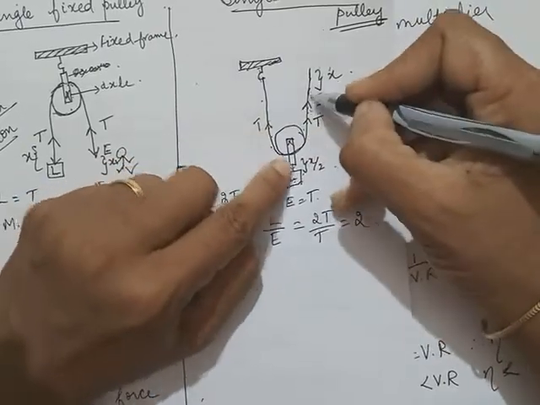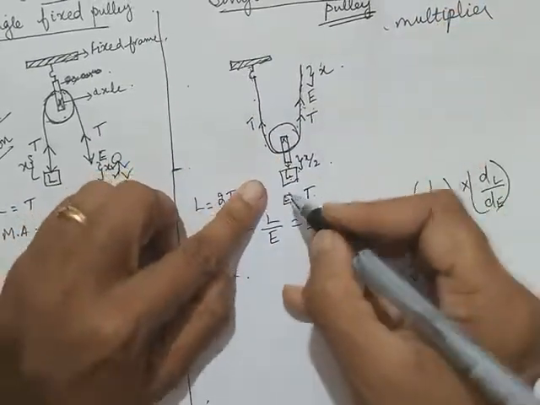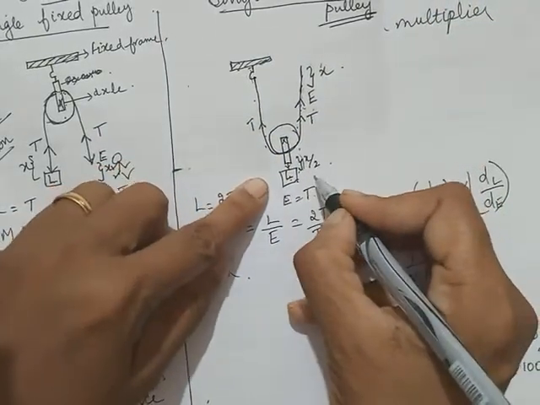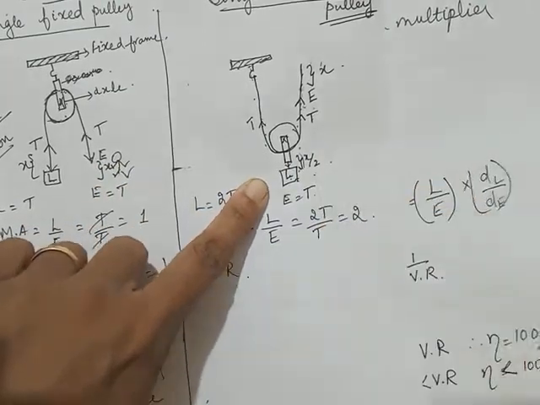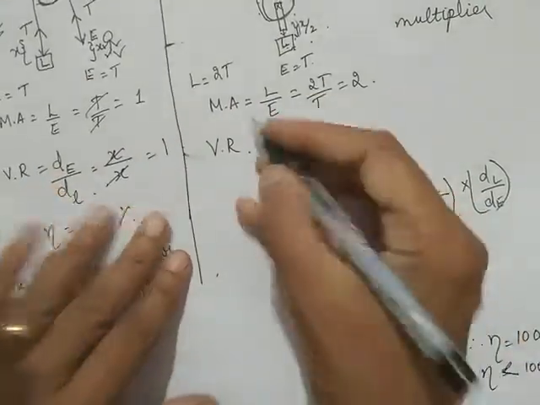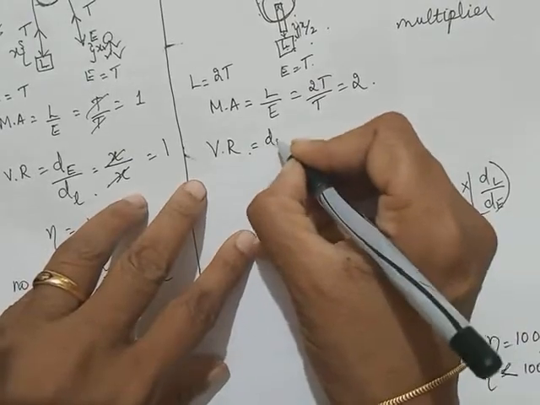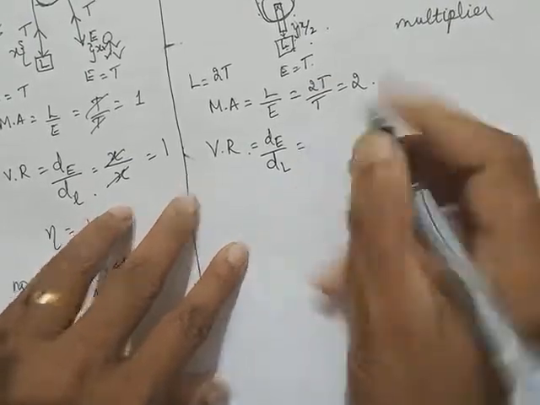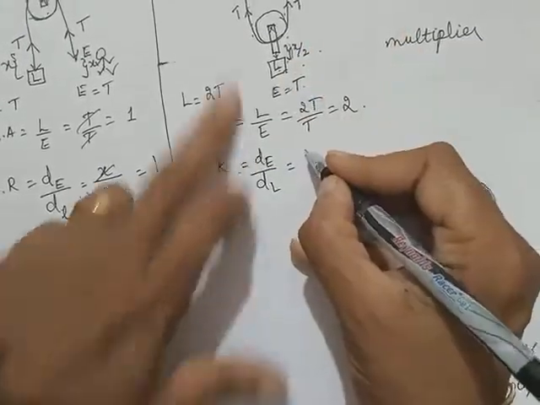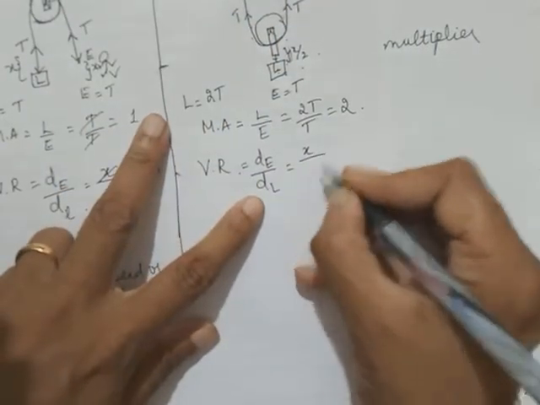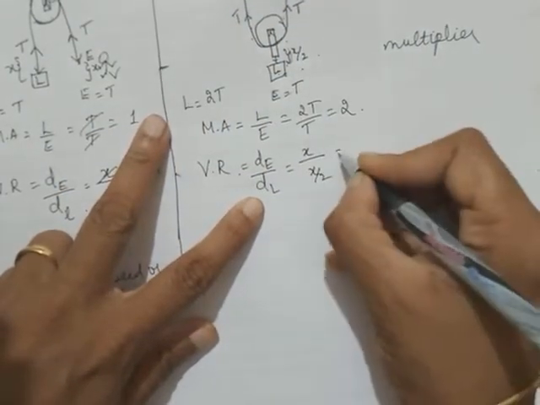So both will actually move by x by 2 and therefore your load will also go up by x by 2. In my previous video I have explained it clearly. So velocity ratio will be dE by dL. If effort moves through x, load moves only by x by 2. So again, this will also be 2.